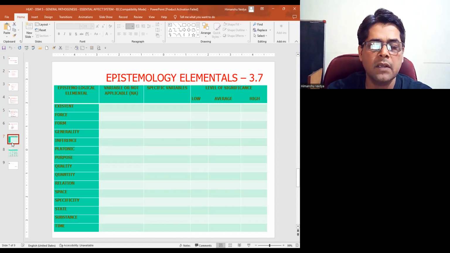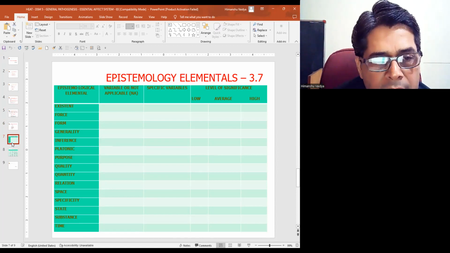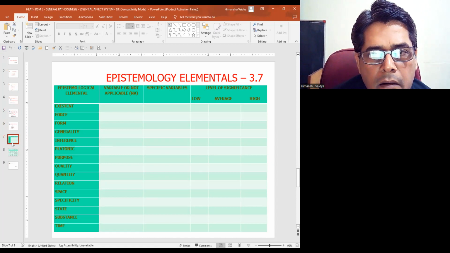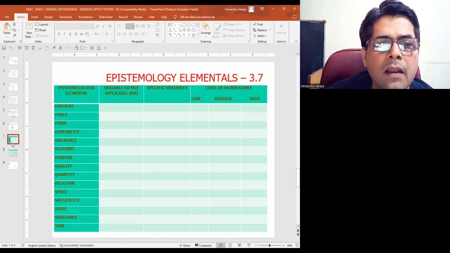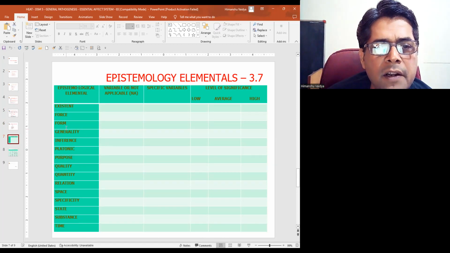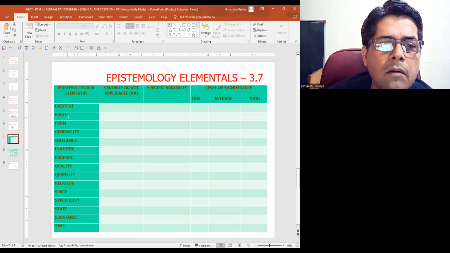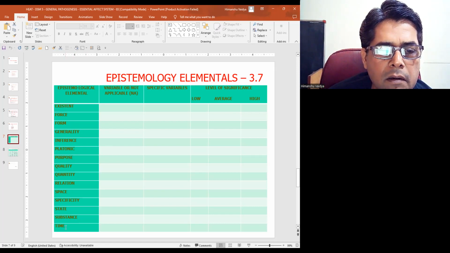And then we use these entities to find out, in the cognitive process, which variables are at the center of that evaluation. Many of them, like generality, form, space, state, are not so important as the rest of them.